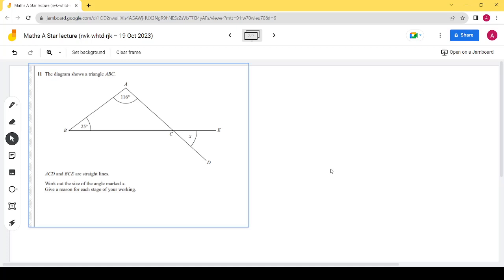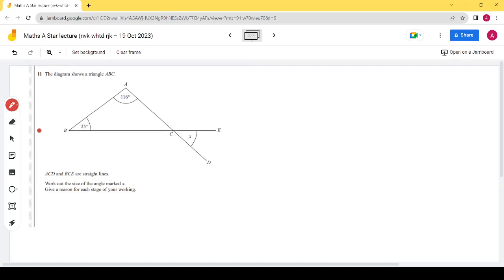All right, so we got a couple of things going on. We got a straight line through another straight line. This creates some angles along the way, and we've got ABC, which is a triangle. So if ABC is a triangle, we can say this angle here, which we can call angle BCA.